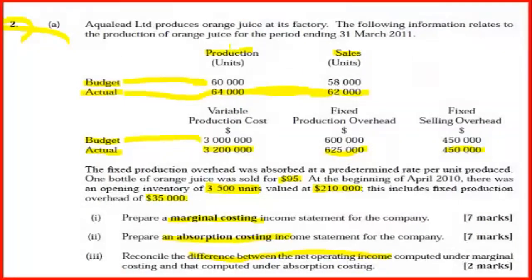It would be the 600,000 here plus the 3 million here. That gives us 36. Okay, now we divide it by the 60 here.